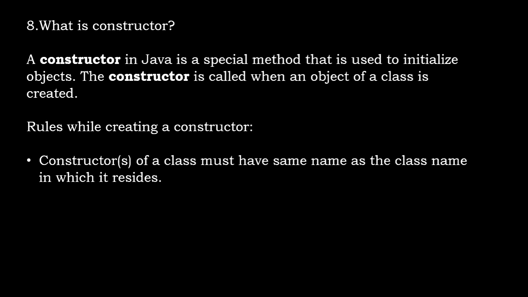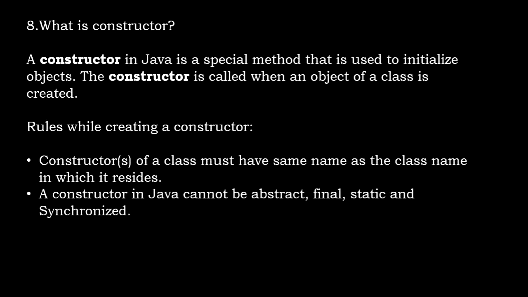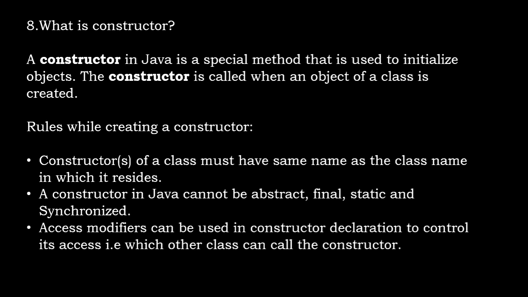The constructor of a class must have the same name as the class name in which it resides. A constructor in Java cannot be abstract, final, static, or synchronized. Access modifiers can be used in a constructor declaration to control its access, that is, which other class can call that particular constructor.